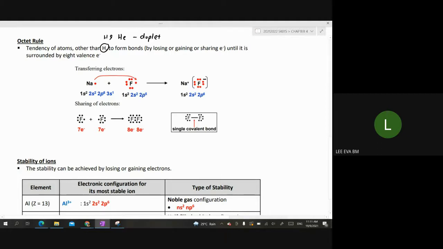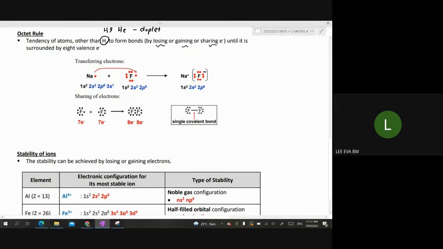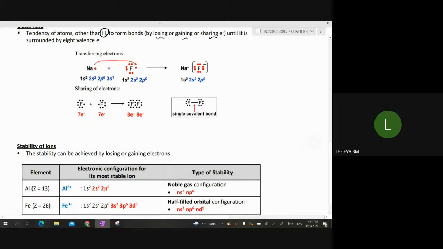There is no p subshell for both of these elements. So for the rest, oxygen, fluorine, nitrogen, the maximum you want to achieve for octet is 8 valence electrons, either by losing, gaining or sharing of electrons. Madam will explain this in bond formation in the next slide, I think.